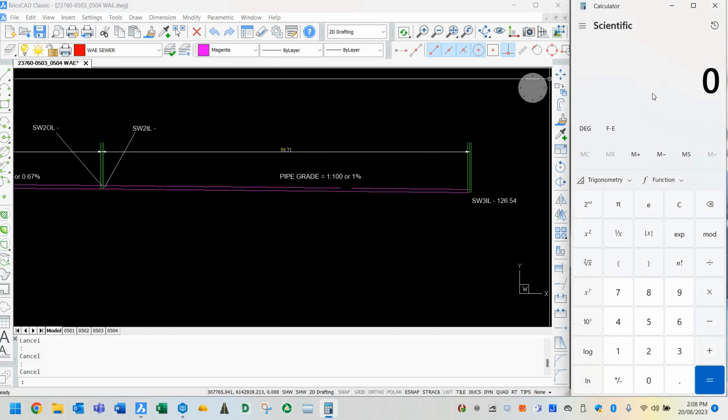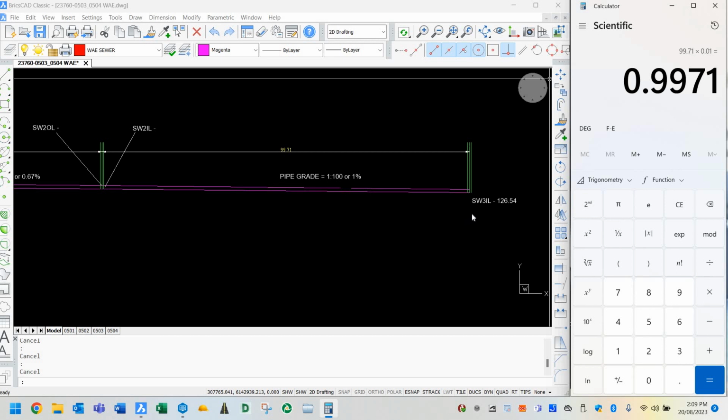So we go 99.71 multiplied by the 1%, 0.01. There we have 997 mils of elevation difference at that grade.